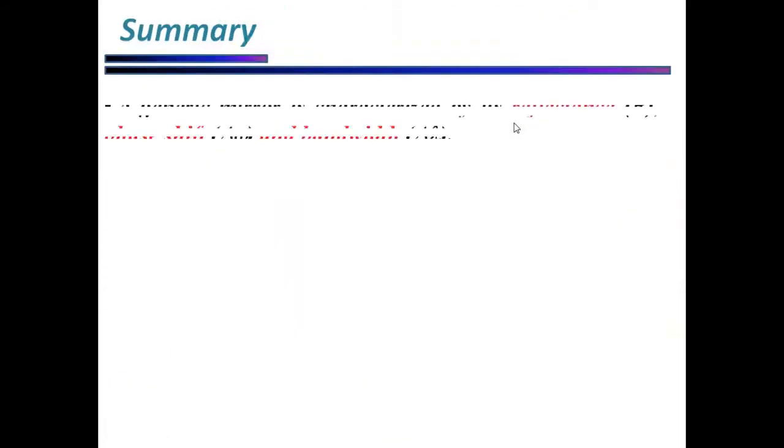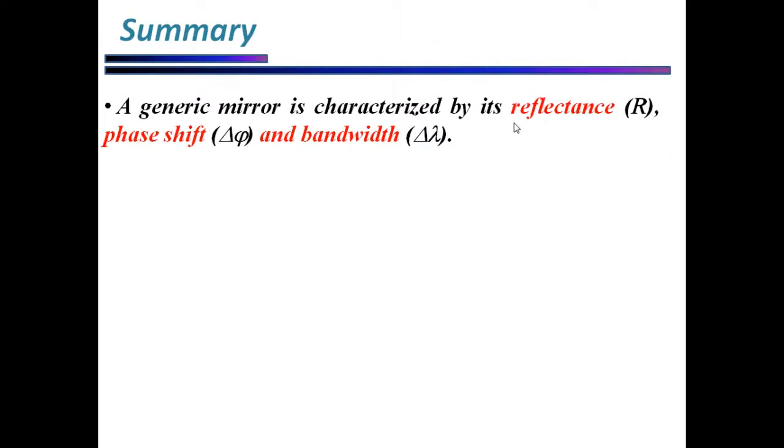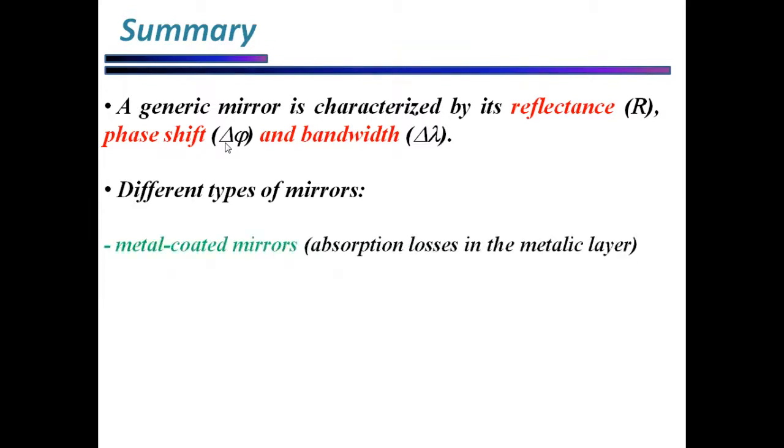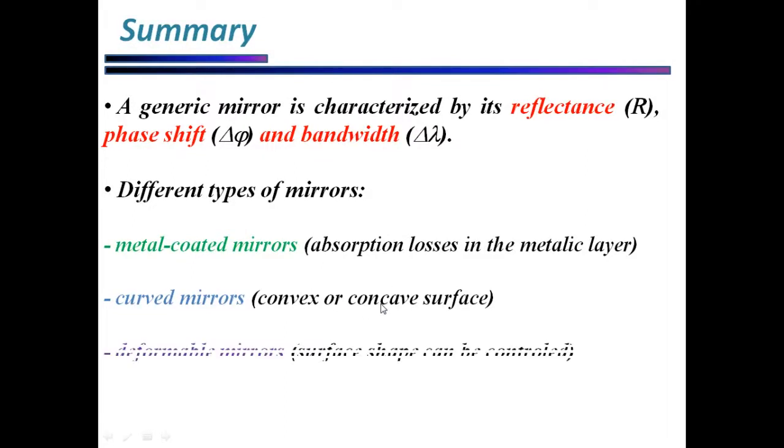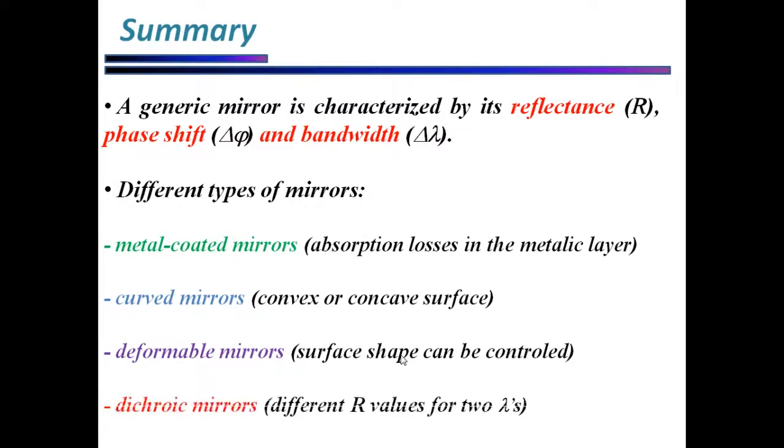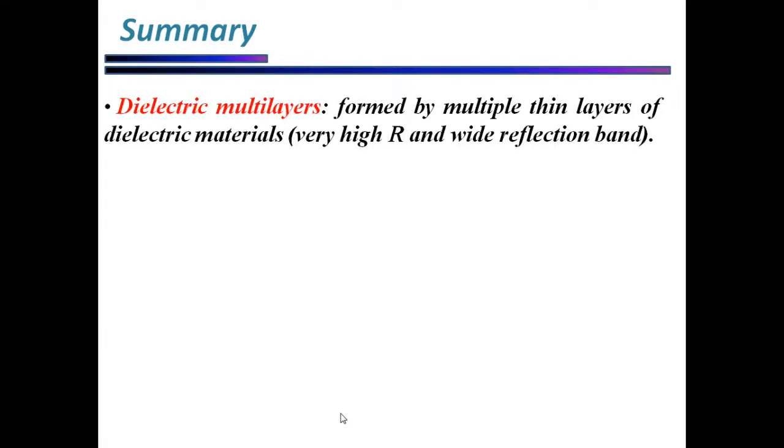So, in summary, a generic mirror is characterized by its reflectance R, phase shift, and bandwidth delta lambda. We have reviewed different types of mirrors: metal-coated mirrors, where there are absorption losses; curved mirrors, with convex or concave surface; deformable mirrors, where the surface shape can be controlled; mirrors with different R values for two wavelengths; and dielectric mirrors formed by multiple thin layers of materials.